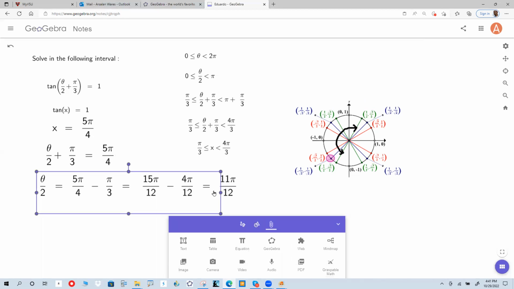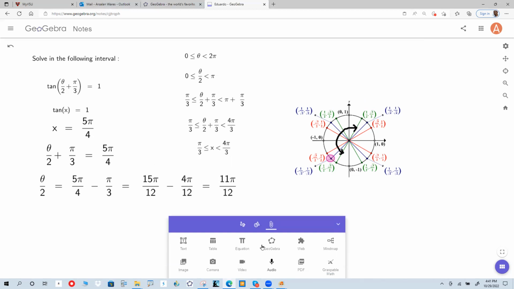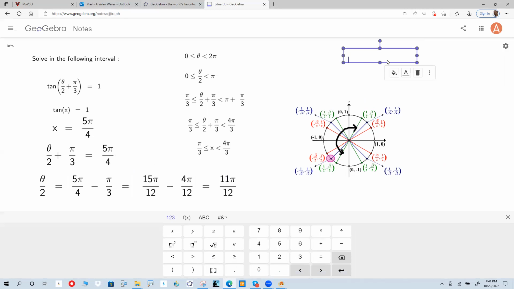Okay? Now, I'm almost done. If theta over 2 is 11 pi over 12, I'm going to multiply both sides by 2. And what do I get?